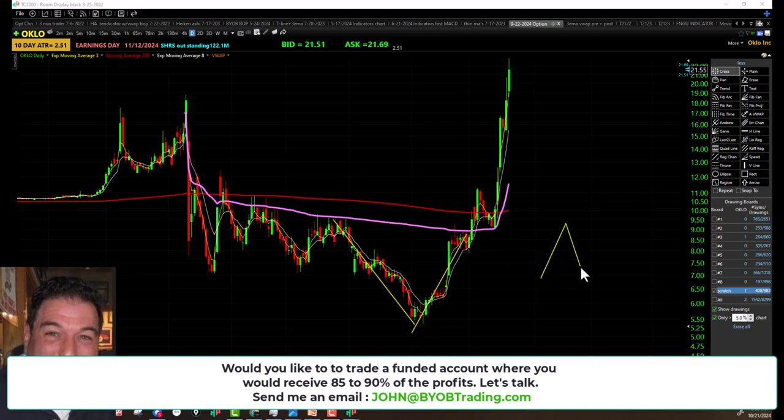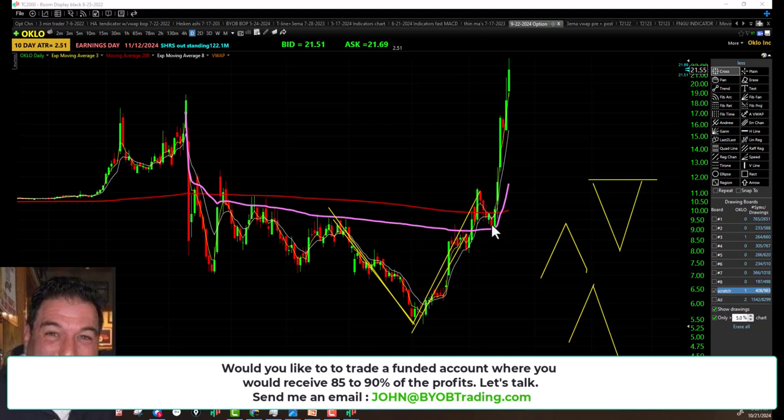When you go up and you give it up, that's neutral. When you go up and you give it up and more, that's bearish. When you go down and you bring it right back, that's neutral. Now notice, we go down and we give it up and more. That's bullish right there. That's telling you that's bullish.